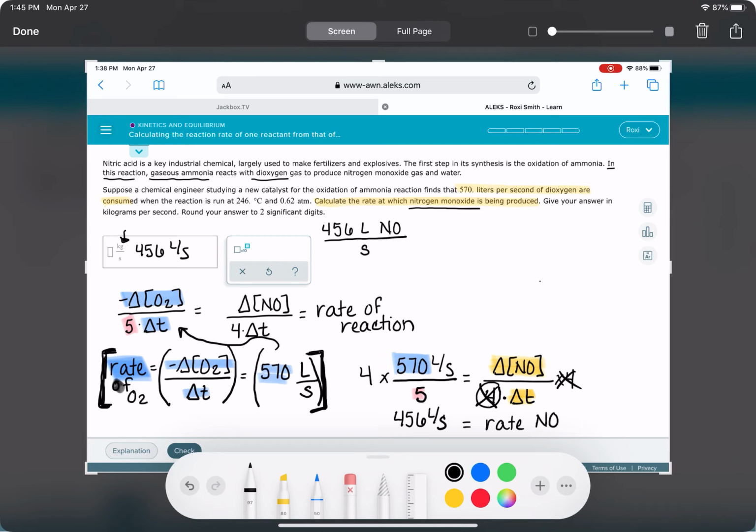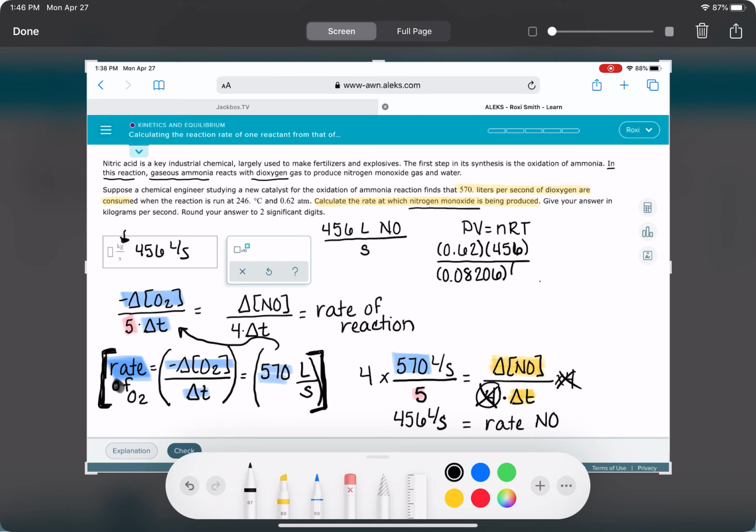We don't have density, but we are dealing with a gas, so we can use the ideal gas law, PV equals nRT, because we know the pressure, it is 0.62 atmospheres. To save space, I'm going to leave the units off. We know the volume is 456 liters. We know R, the gas constant, 0.08206 liters atmospheres per mole Kelvin.